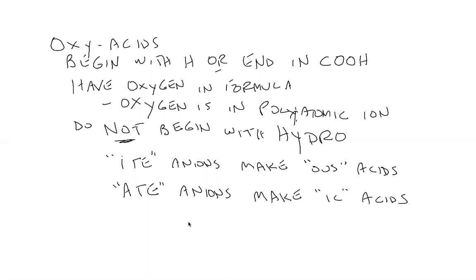All right, so let's look at some examples of this. So if we have HNO3, so begins with H, we've got an acid, we've got oxygen, it's an oxyacid. So we're going to look at this.